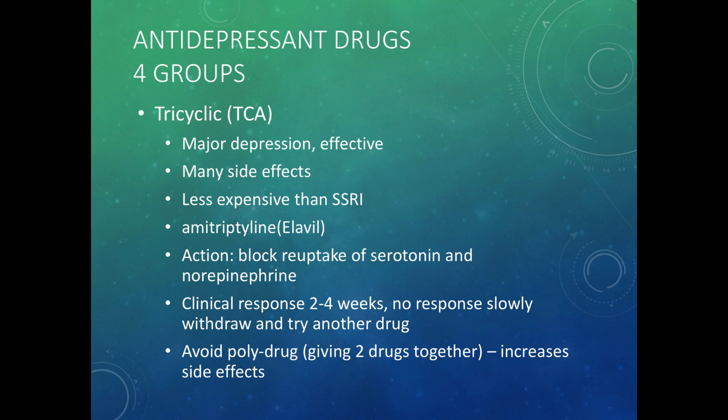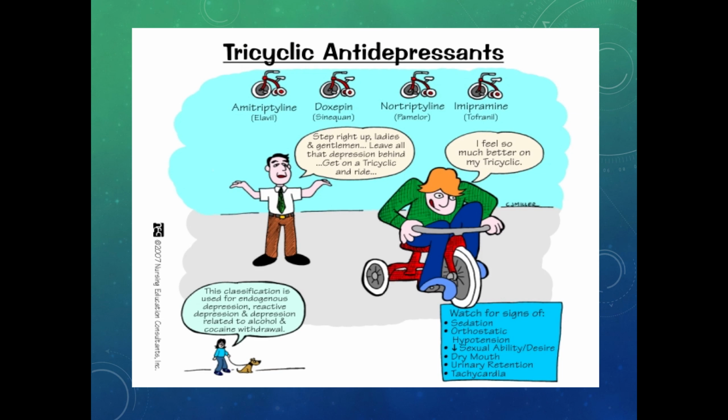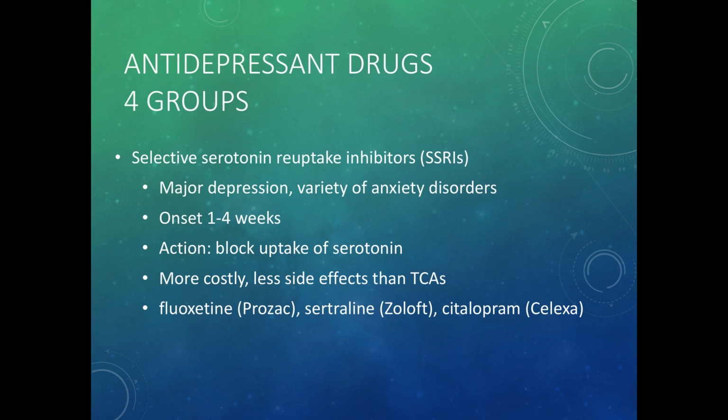So we don't see clinical responses right away. We always tell patients to give it 30 days. They should start seeing a change in their affect within 2 weeks, but it does take 30 days for us to get a therapeutic blood level of these meds. So here's the tricyclics. You can review that on your own.